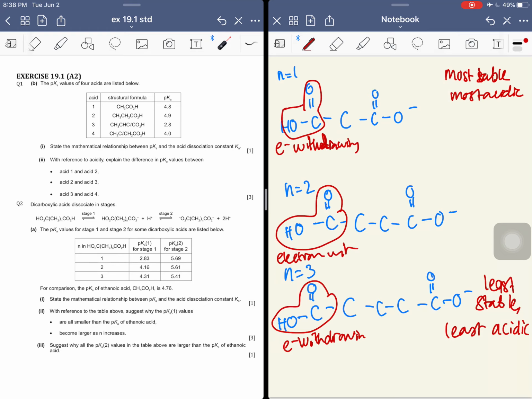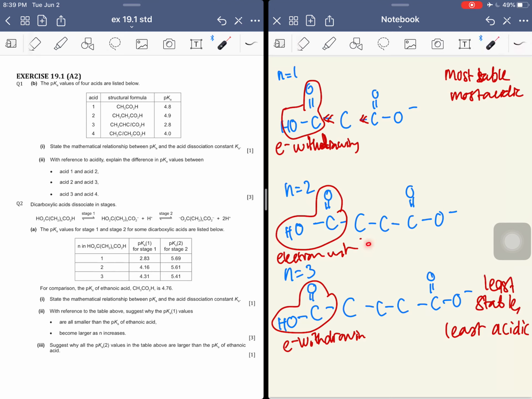In n equals 1, the electron withdrawing group is closer to the COO minus group. This COOH withdraws, and it is very good at withdrawing because it's quite close to the COO minus. In n equals 2, the electron withdrawing COOH group gets further away.